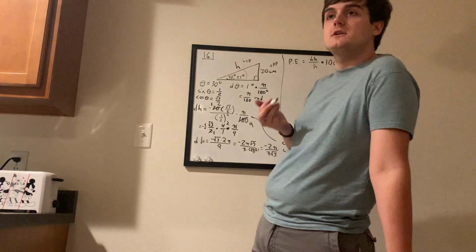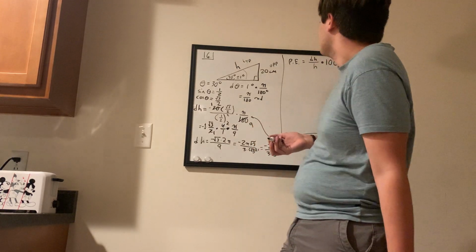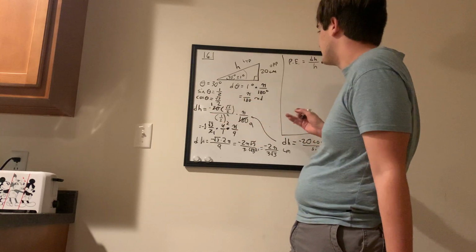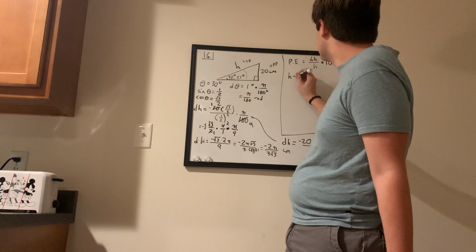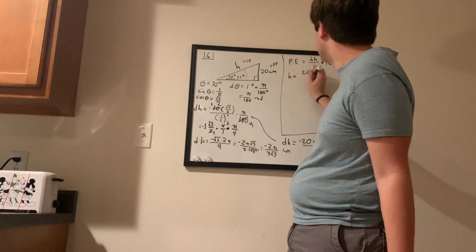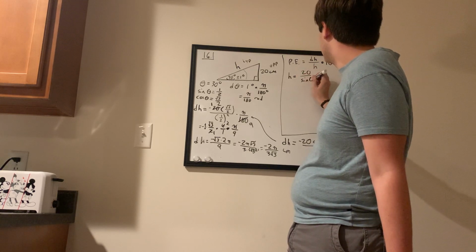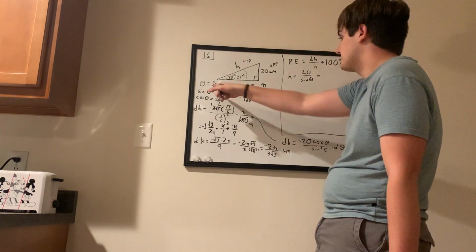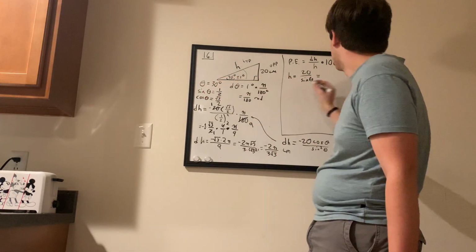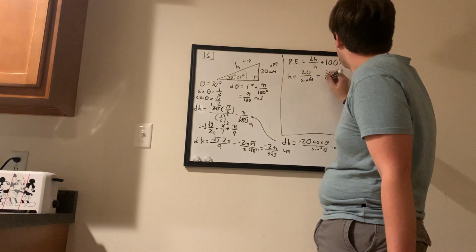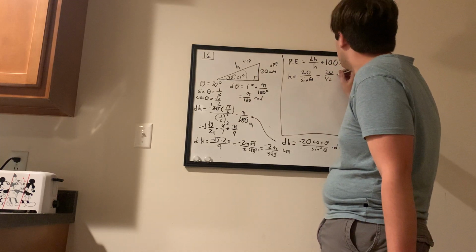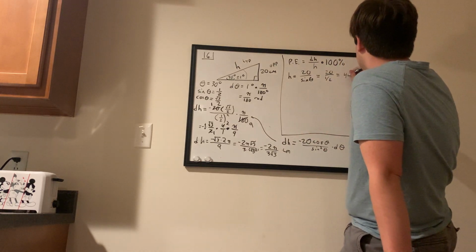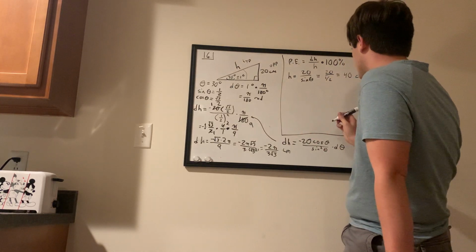Okay, so let's go through and calculate H real quick. If you remember earlier, I think I erased it already, but I'll put it back. H is the same thing as 20 over sine of theta. And we discussed that the sine of theta at 30 degrees is the same thing as 1/2. So we can simplify that, and we get 40, so that's 40 centimeters.